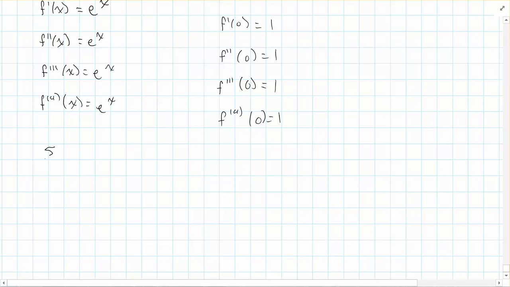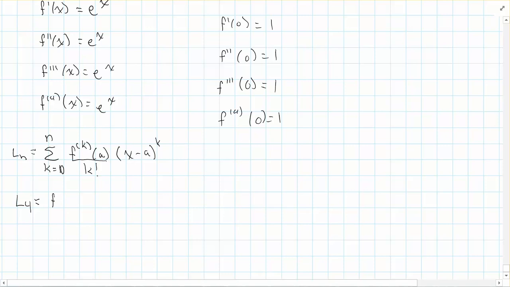The compact version of this is that we can say the nth polynomial approximation is the sum, starting from k equals 0 up to n, of the kth derivative evaluated at a, over k factorial, times x minus a to the k power. So what that is saying here is if we're doing a fourth one here, well, I'll go ahead and do this here.